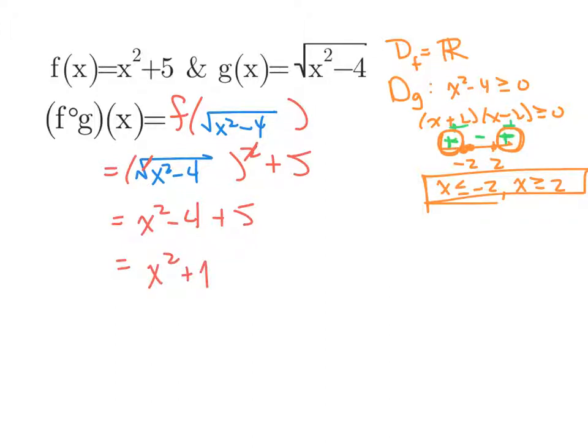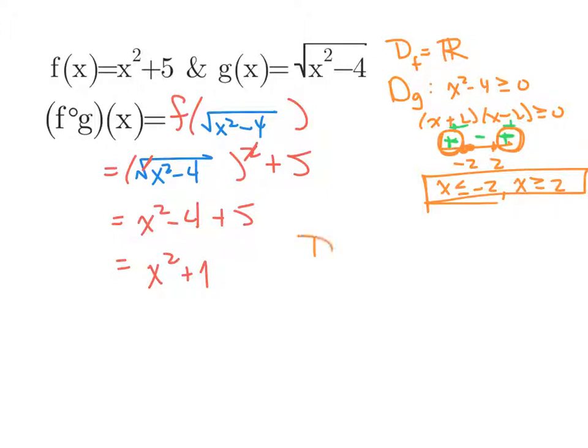And again, it looks like x squared plus 1 is going to have a domain of all real numbers. However, remember, this is not its own function. It's a composition of two separate functions.